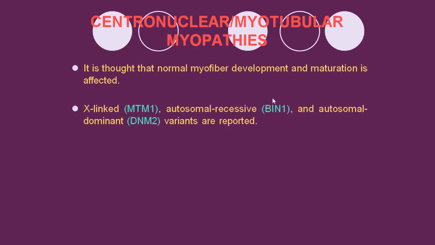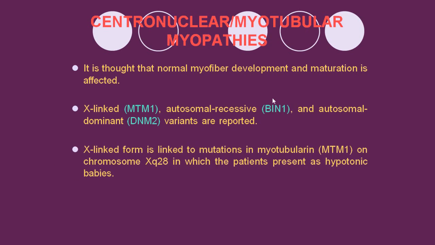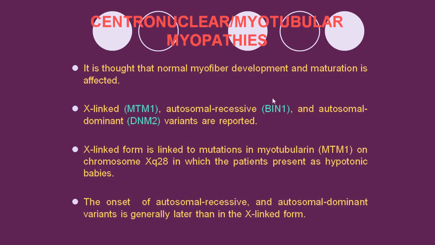X-linked MTM1, autosomal recessive BIN1 and autosomal dominant DNM2 variants are reported. The X-linked form is linked to mutation in myotubularin, MTM1, on chromosome Xq28, in which the patients present as hypotonic babies.